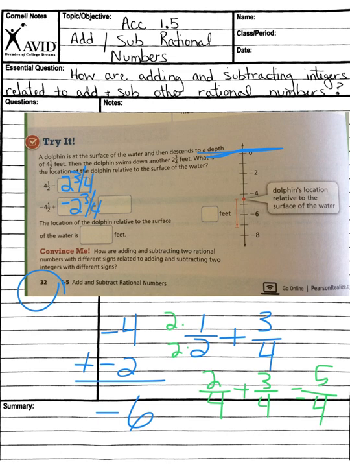Okay, so 5/4 is actually 1 whole and 1/4 if we change our improper fraction to a mixed number. So instead of just -6 feet below the surface, if we put those two together, we're going to be at -7 1/4 feet below the surface of the water.